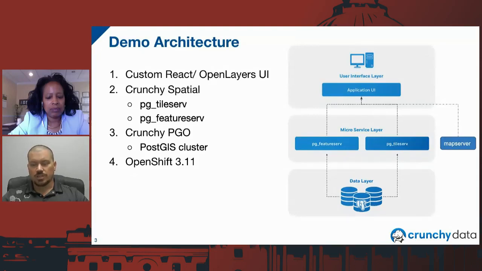We'll also be consuming base maps from a map server that exists outside of the stack. I just wanted to throw that on the architecture slide for completeness. Our Postgres cluster is going to be deployed by our Crunchy Postgres Operator for Kubernetes, and all of this is being deployed in OpenShift 3.11.